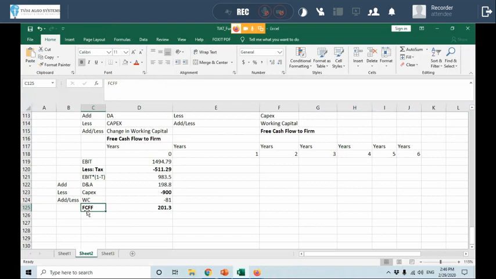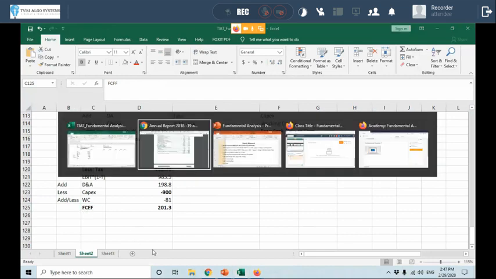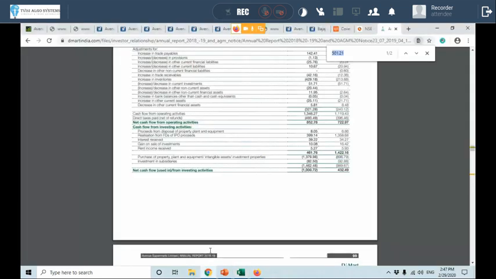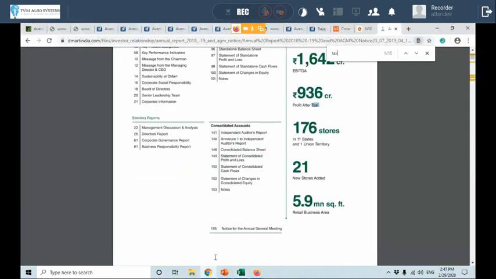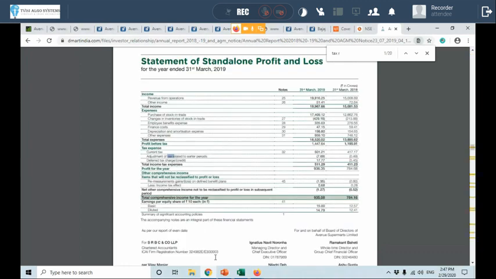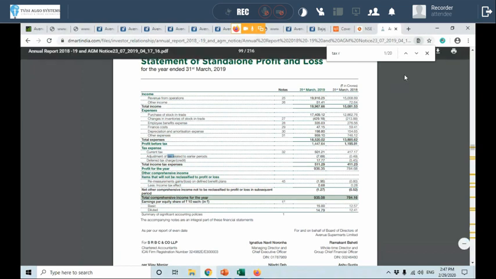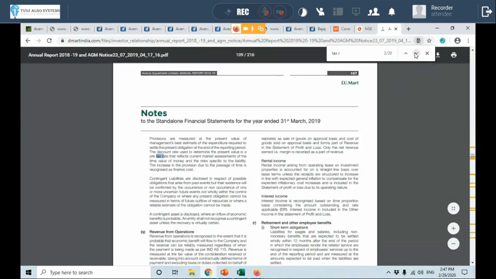Again, with the tax rate of 34%, it is way too high. This is for retail investors, we have that tax rate. Let's look at the company's annual report and understand what the tax rate is for them. What is the tax rate?